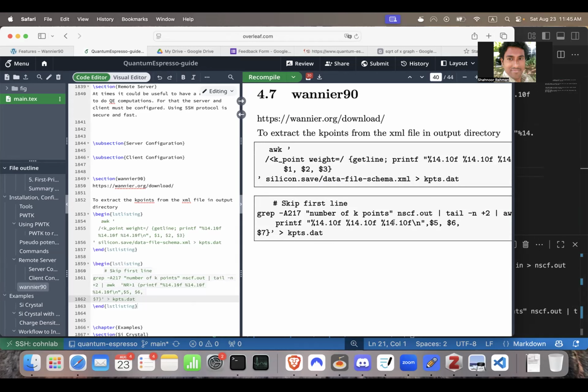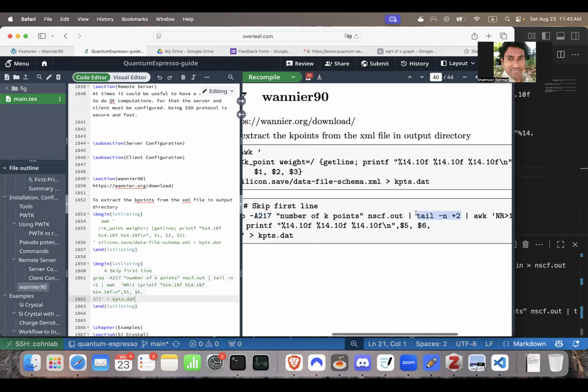So what it does, it reads the number of K points text from the NSCF out file, first 217 lines, and then it runs this tail command to, I think, skip those last two lines. I forgot what it does.